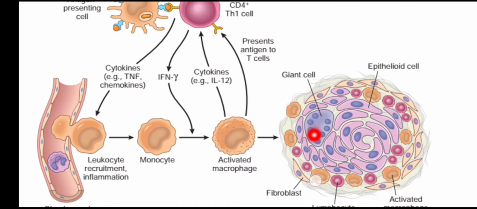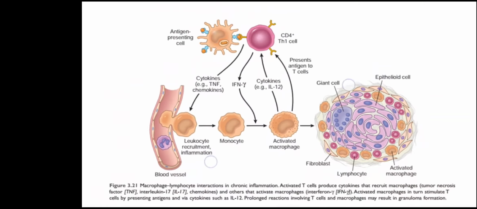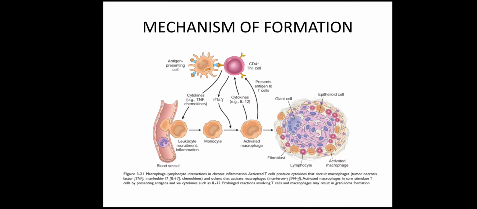Their cytoplasm gets fused and the nucleus gets arranged in a horseshoe pattern. Additionally, there are lymphocytes, and most peripherally, there can be fibroblastic reactions. So there can be proliferation of the fibroblasts at the periphery when the lesion advances further. So this is how a granuloma is formed, and its structure is very, very important. It's almost always asked every year in viva as well as theory.